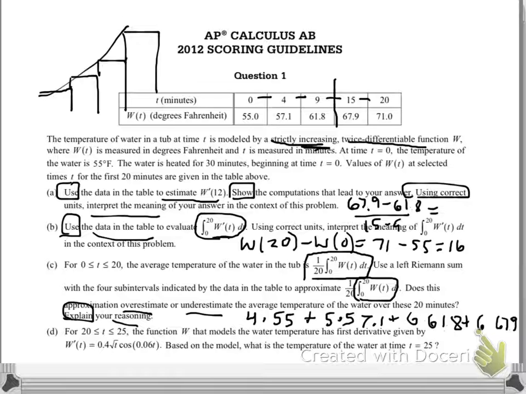For 20 to 25, use the function that models the water temperature, the first derivative. Okay, so this is a different interval. It's off our table, so you're going to use a calculator this time, but you have to always include your starting temperature. So we're at 71 degrees, plus we're going to take the integral from 20 to 25 of this function.